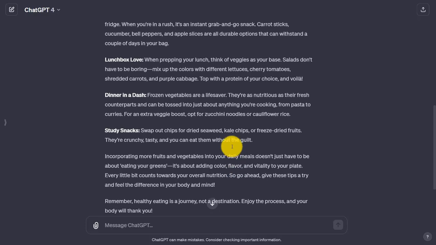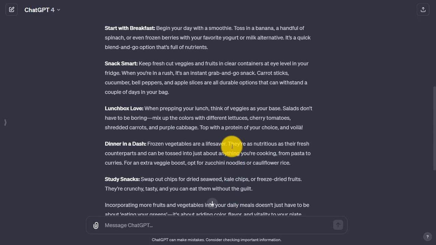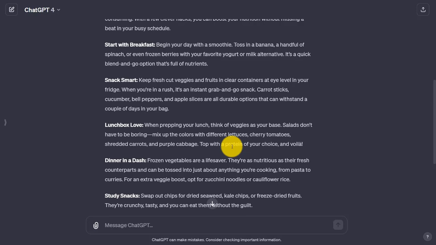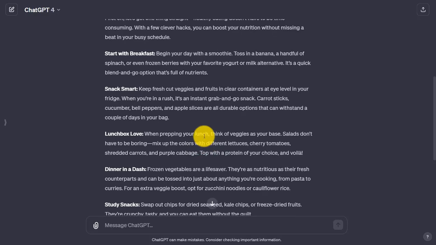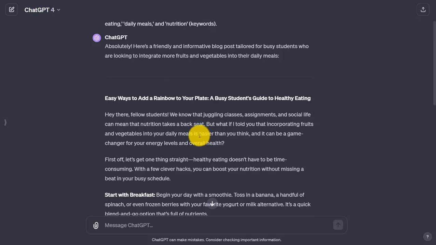And as I scan through this, it definitely is informative because it has the meals broken down with suggestions for each one. Then lastly was the keywords. I had 3 of them, and let's see if I see them. So the first one was healthy eating. There it is. The second one was daily meals. We've got it. And the third one was nutrition, and that's right here.